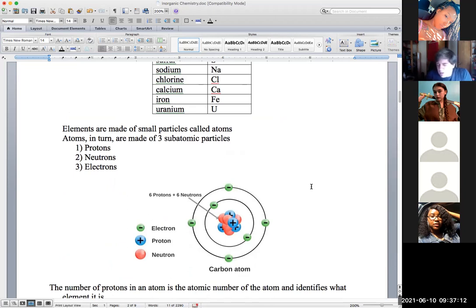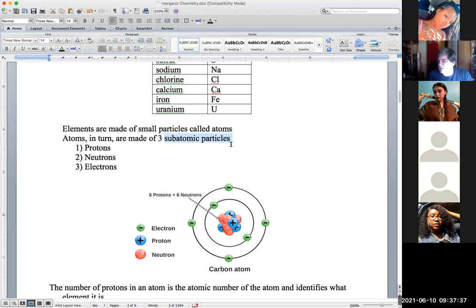A few hundred years ago, when people had just started talking about atoms, we thought that atoms were solid pieces, very small, but solid pieces. And what we've learned in the last 200 years is that atoms are actually made of smaller pieces themselves. And these smaller pieces are called subatomic particles.